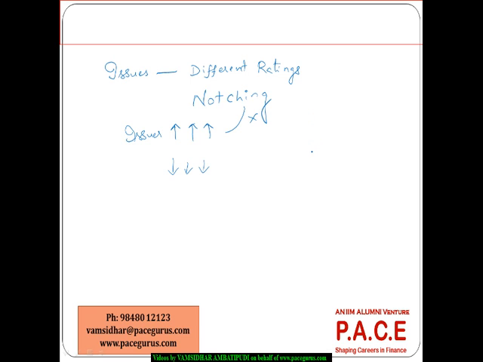And there is one more important thing that needs to be looked at, called structural subordination, which we really need to assess in a better way, because this is more and more applicable for parent and subsidiary kind of companies.